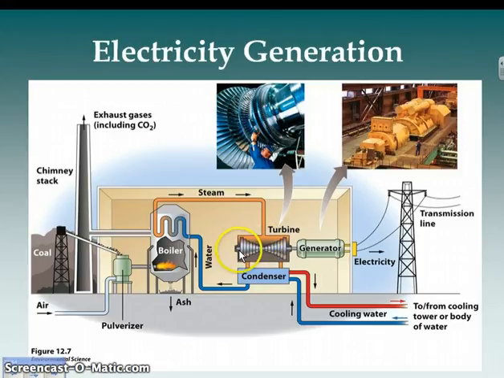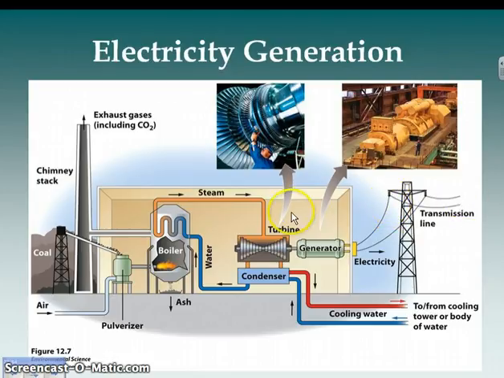This center shaft right here is connected to the generator, and this generator is going to make the electricity. You can see the picture above of the generator in person, and then that electricity is transferred to the transmission lines, and then out onto the electrical grid.